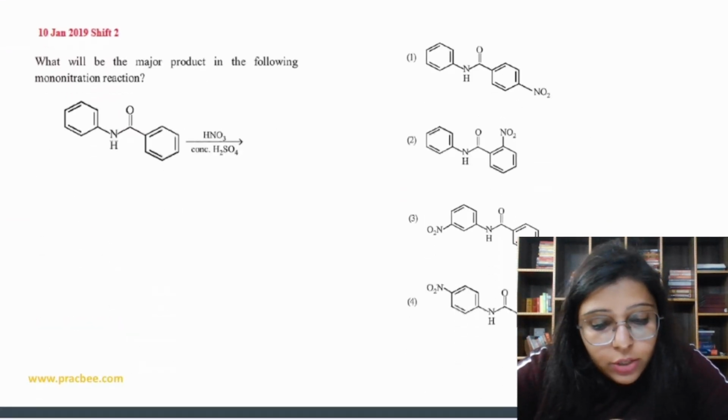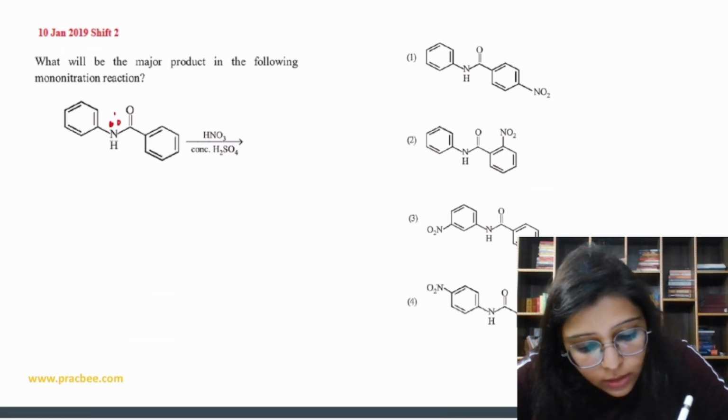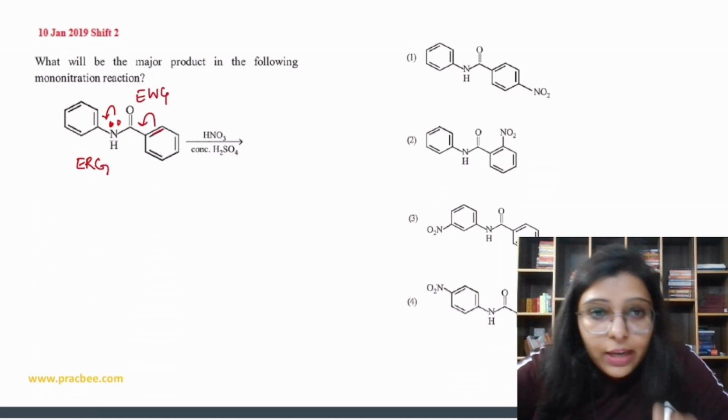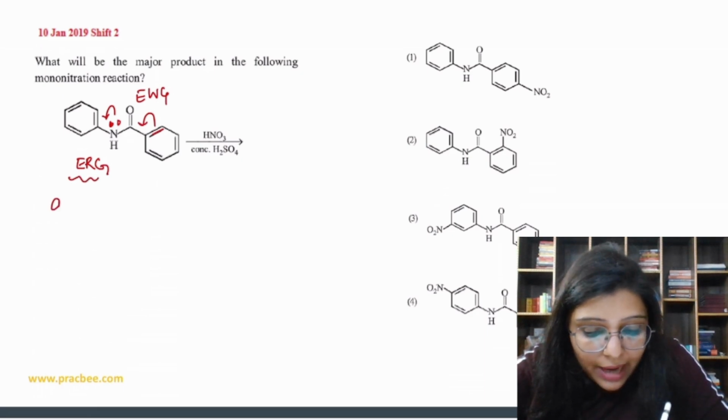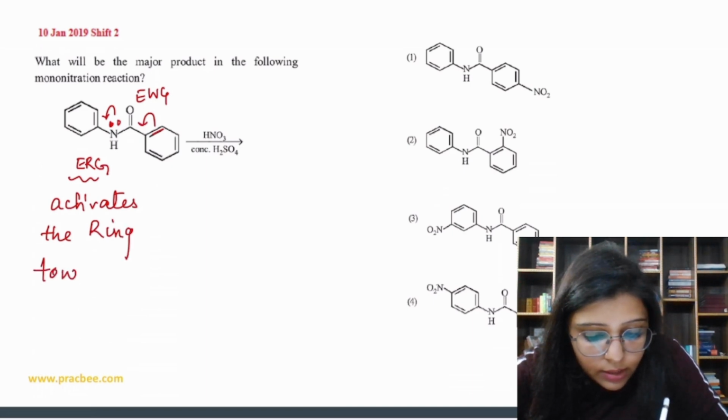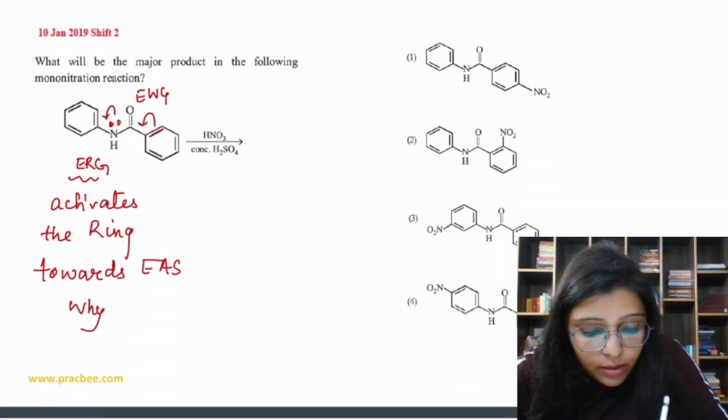So what will be the major product in the following mononitration reaction? So see, this is an electron releasing group and this is an electron withdrawing group. So the electron releasing group activates the ring towards electrophilic aromatic substitution. Why?